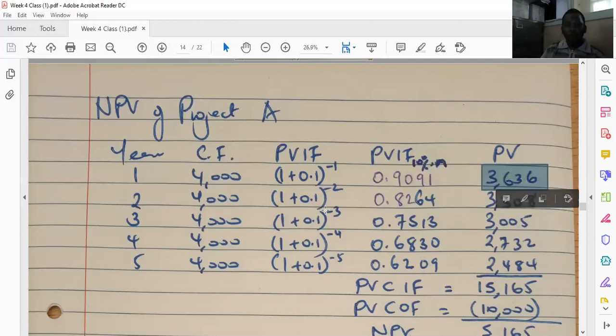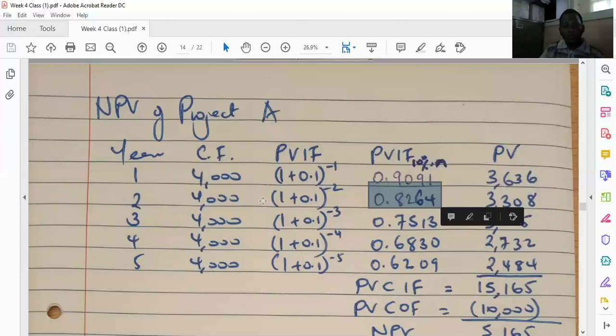We move on to the second year. Our cash flow is still 4,000 shillings. We multiply by 1 plus 0.1 in brackets raised to the power of negative 2, which goes with the year of the cash flow. It gives us 0.8264. So we multiply 0.8264 times the cash flow for that year. We move on to the third year.